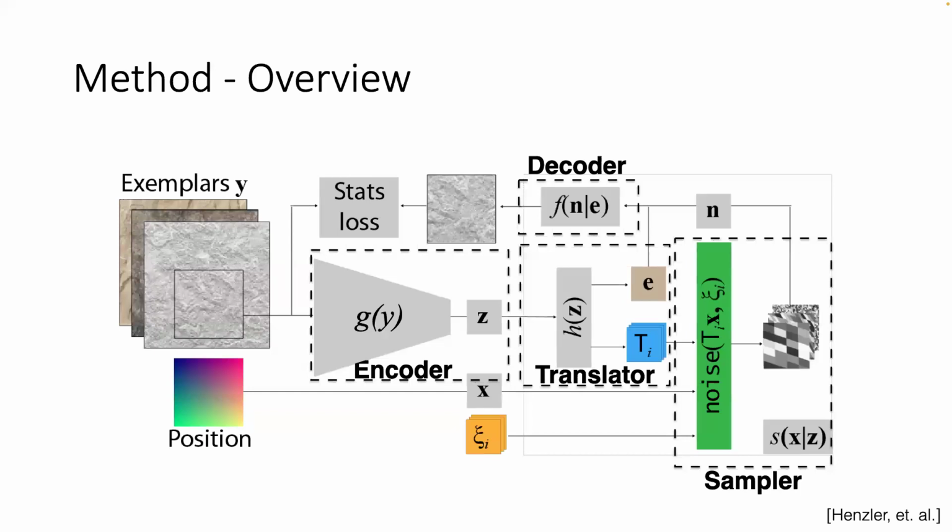That's going to be the input of a noise function. And then for the noise function, we have the transformation, the coordinates, and the parameters. And then this transformation is going to generate multi-resolution texture noise. And then you have the decoder that's going to get the noise and this encoding value here. And the decoder is going to generate a texture and compare it with the exemplar in a statistical sense. And it's going to be optimized in that way.